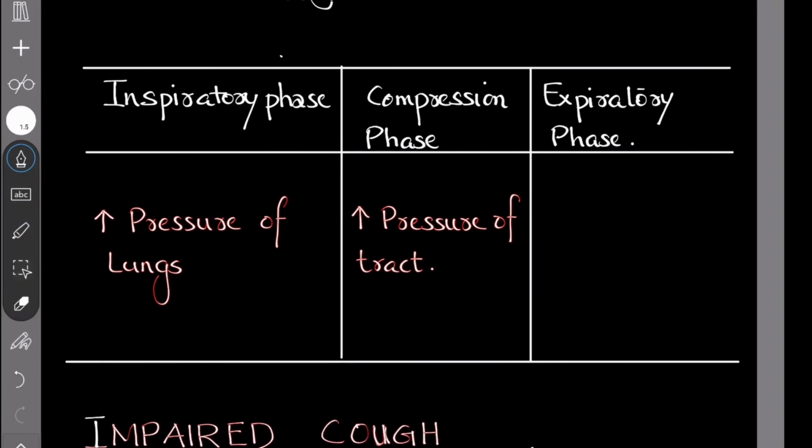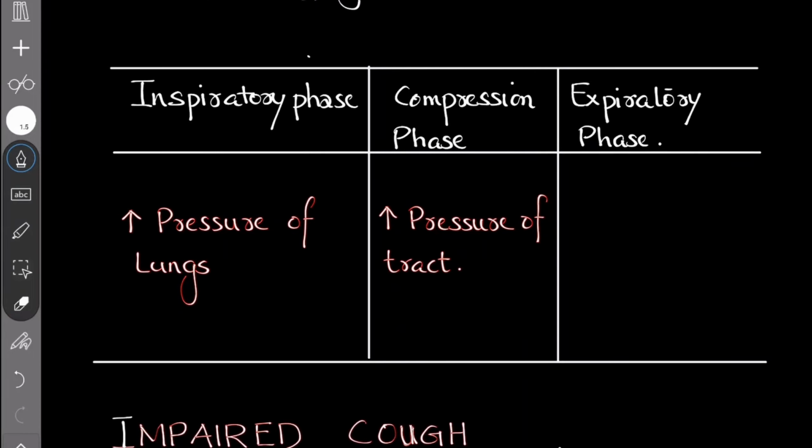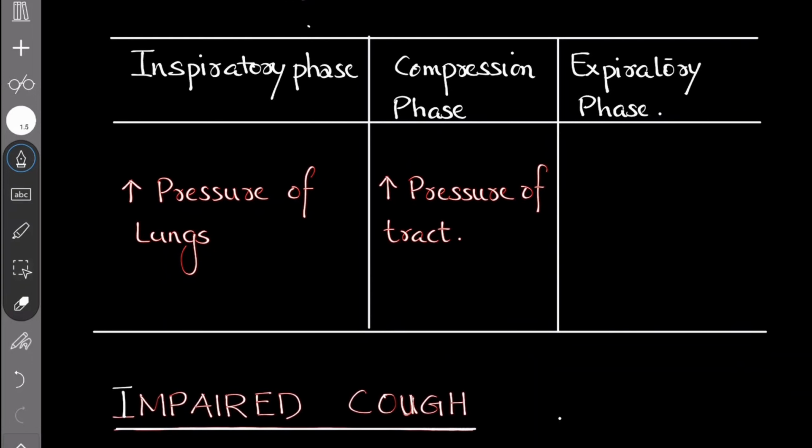There are three phases basically in a cough reflex: inspiratory phase, compression phase, and expiratory phase. First, in the inspiratory phase, we inspire and more air enters the lungs. Contraction of the inspiratory muscles and relaxation of the expiratory muscles accommodate more and more air, which increases the pressure.